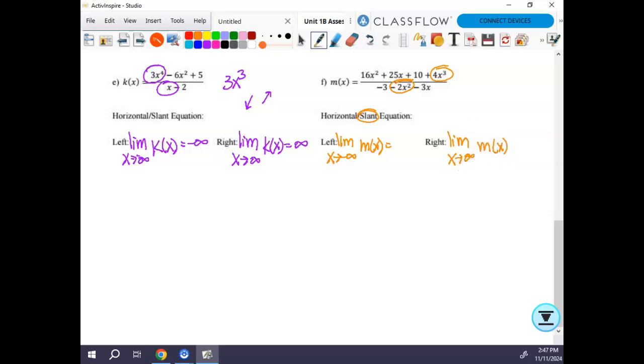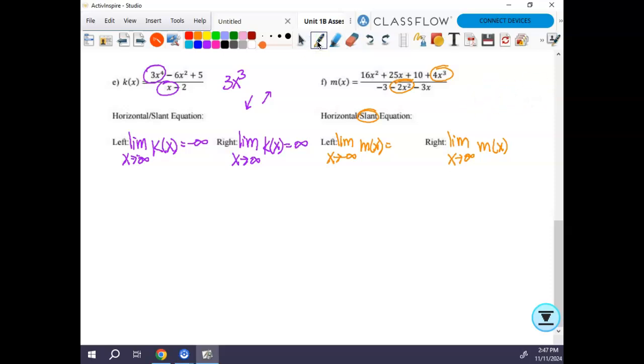Okay, so to divide here, that's going to give me negative 2x squared minus 3x minus 3, and divide that into 4x cubed plus 16x squared plus 25x plus 10. Of course, I'm going to run out of room. Sorry, if I had done this on my iPad, I could actually write smaller.